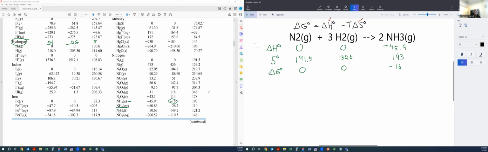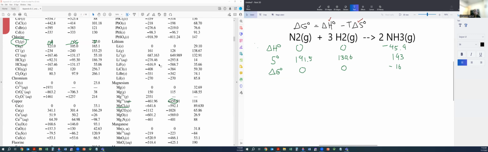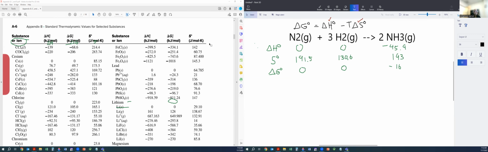All right. And what are the units now? Okay. The units are, this is kilojoules per mole.